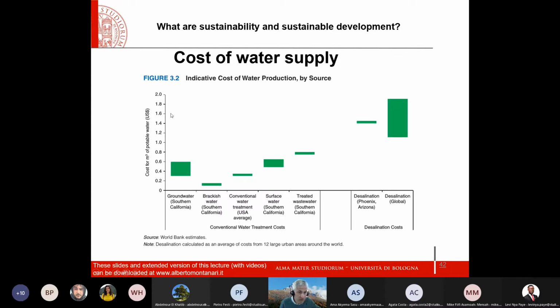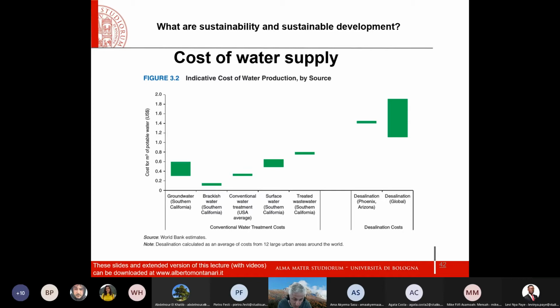And let's look at the costs of water supply. This slide is dealing with the economic impact of water supply. If you look at this slide, I think it is really interesting. It focuses on California and Arizona, let's say the western United States. You see that these water supply categories are divided into two macro categories.